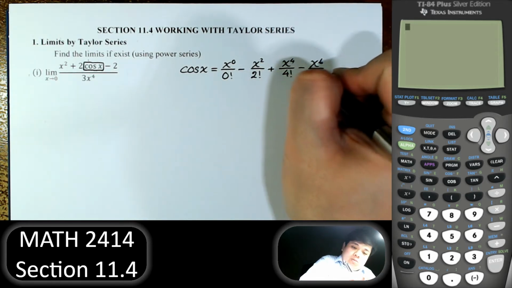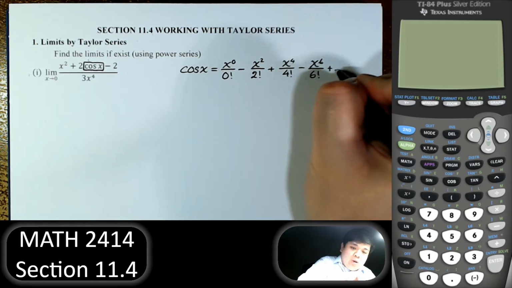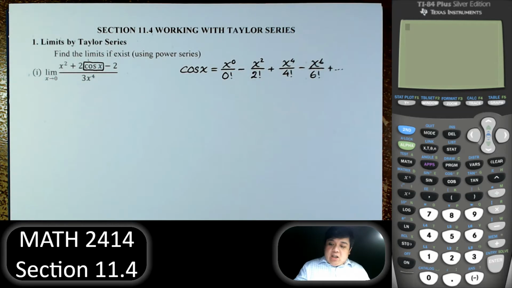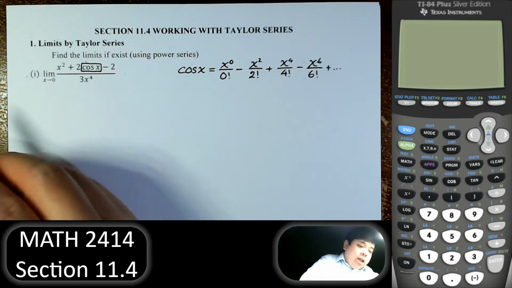For all those series, it might be a little more complicated, but sine is odd, cosine is even. At least we know that. And then e to the x, we have pretty much all the powers.